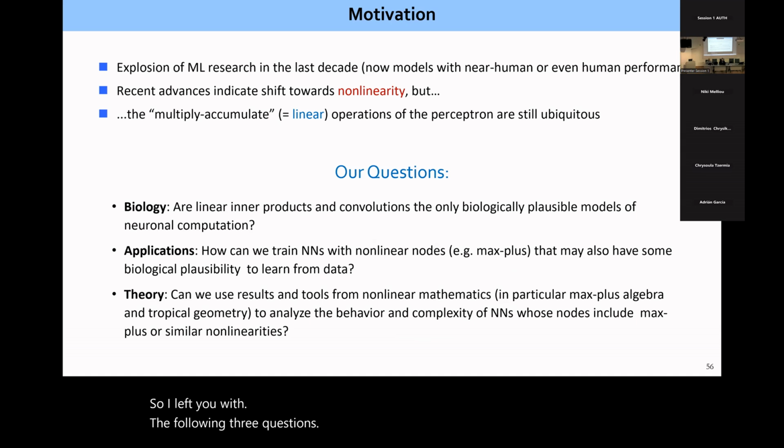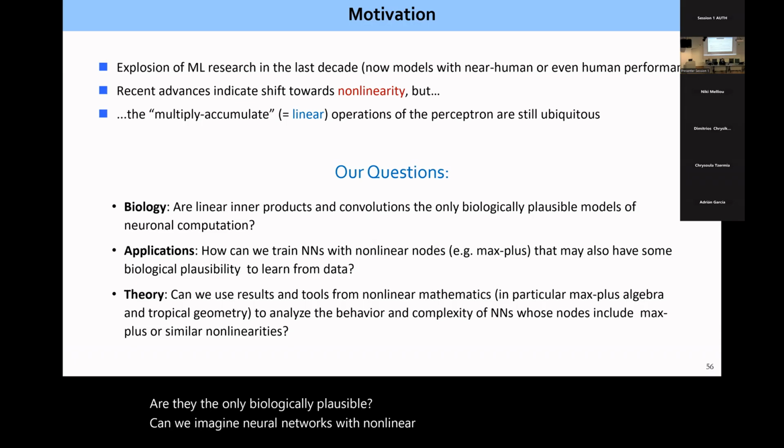Are the operations involved in the perceptrons used as neurons for the modern neural nets possible only as linear operations, or are they the only biologically plausible? Can we imagine neural networks with nonlinear nodes?